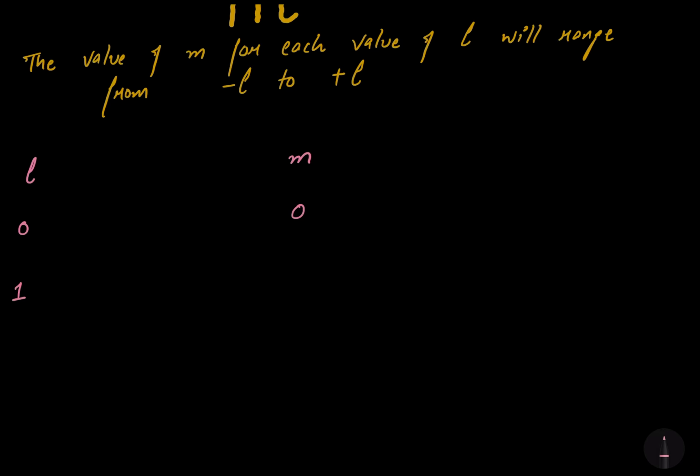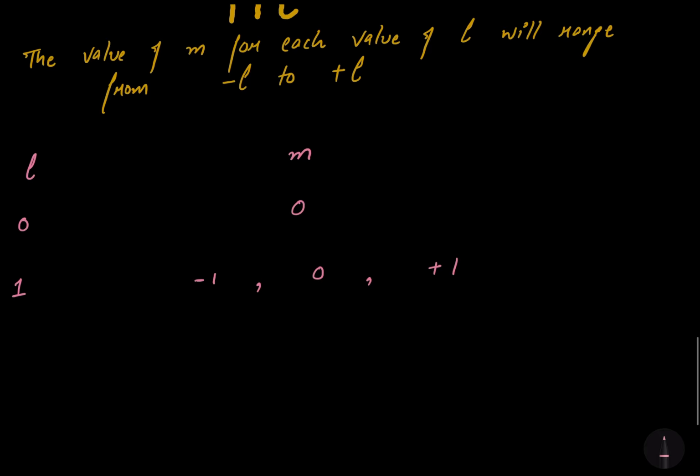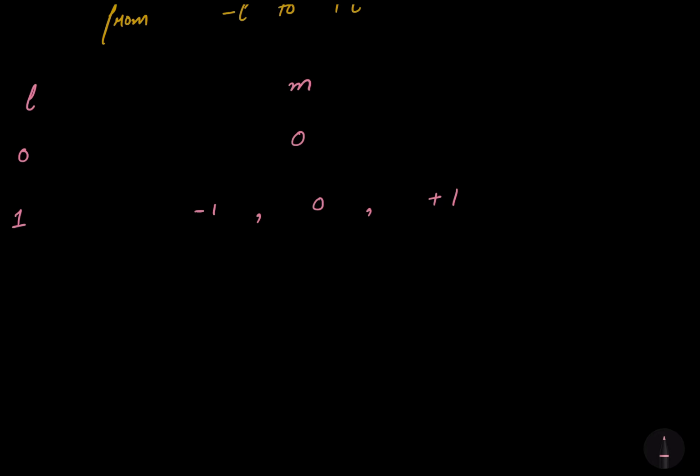The value of m will be minus l to plus l, so the value of m will be minus 1, 0 and plus 1. Now let's take the value of l to be 2. The value of m will be minus 2 to plus 2, so that will be minus 2, minus 1, 0, plus 1 and plus 2.